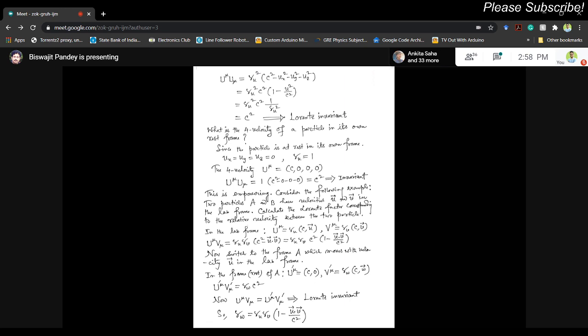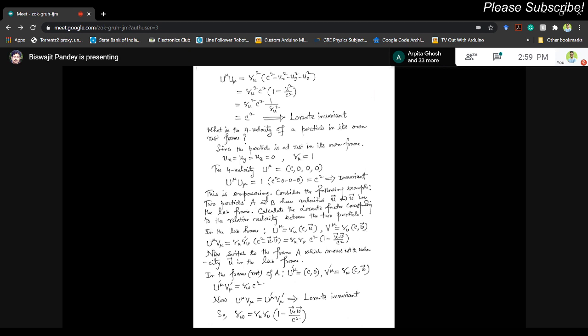Because there are only 26 letters in the English alphabet, they might be used multiple times, and you have to be careful about the notation. So v mu equals gamma v times c, v: c is the time component, v is the space component of the four-velocity.